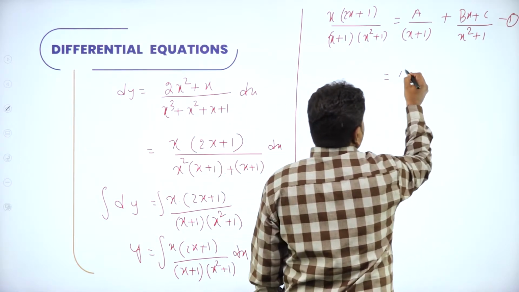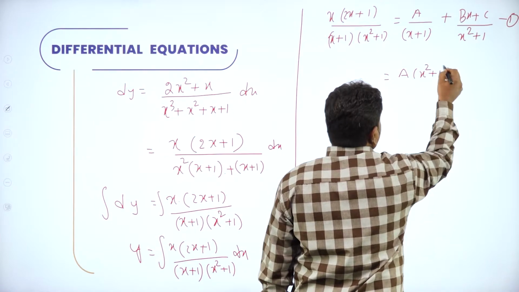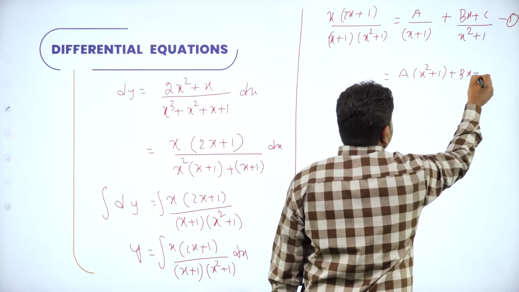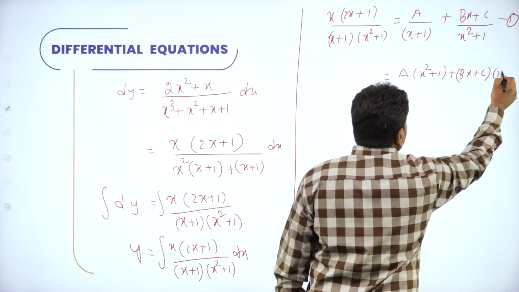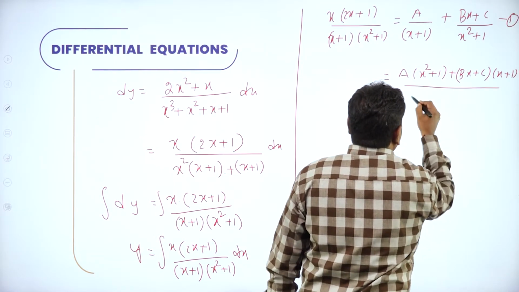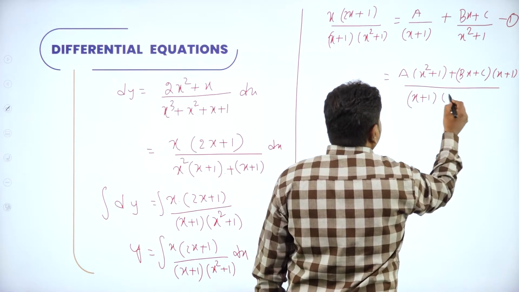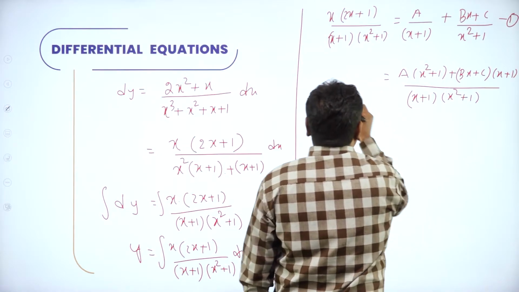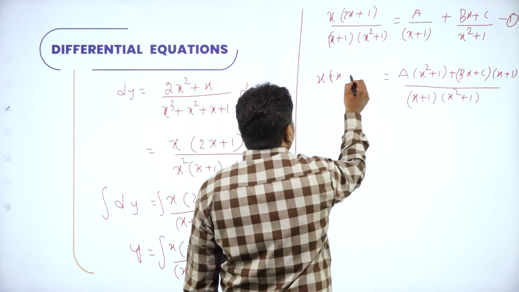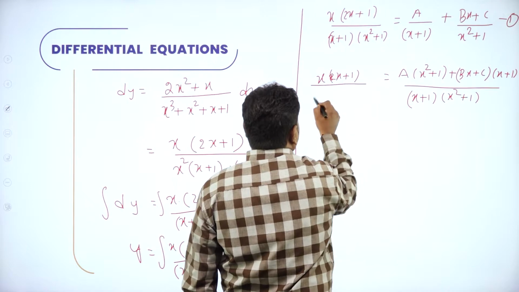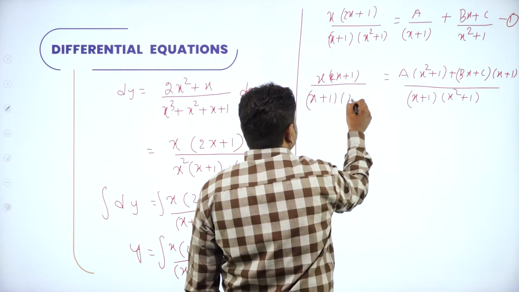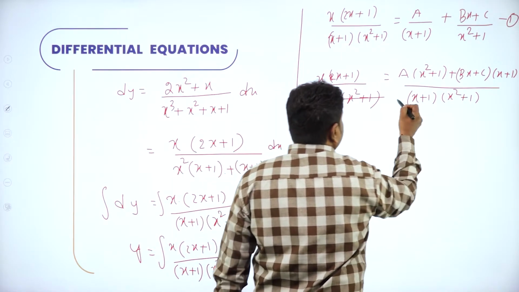So take LCM, so it will become a into x square plus 1 plus bx plus c into x plus 1 divided by x plus 1 into x square plus 1, that is x into 2x plus 1 divided by x plus 1 into x square plus 1. So I can cancel the denominators.